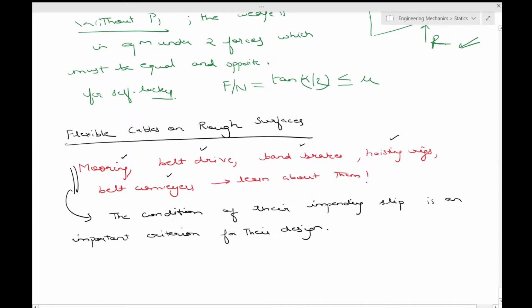Okay, so if you recall, we have already learned about some of the basic results of a belt moving over a surface. We had derived a ratio between T1 and T2 and so on. So revise that part. Belt moving over surface.